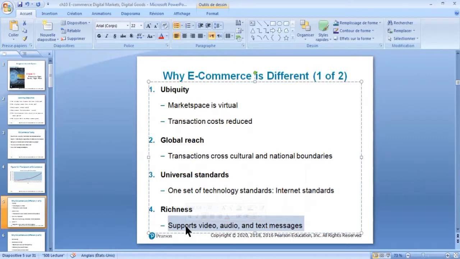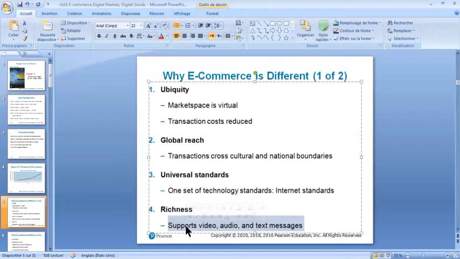So you may think that the information is not rich because it's not personal, it's not face-to-face. Nevertheless, it's still possible to deliver a rich marketing message when you use the internet.